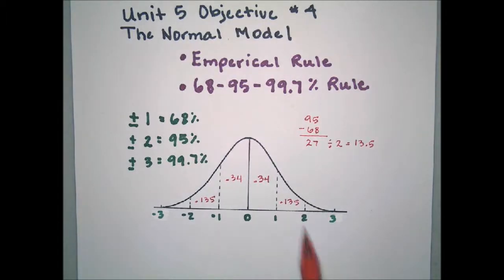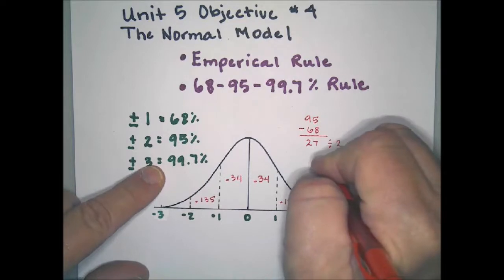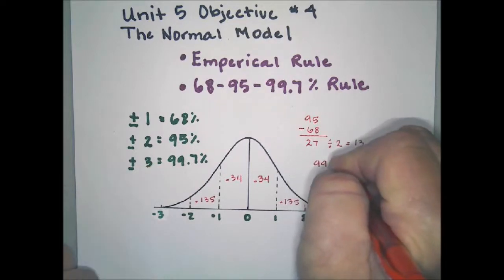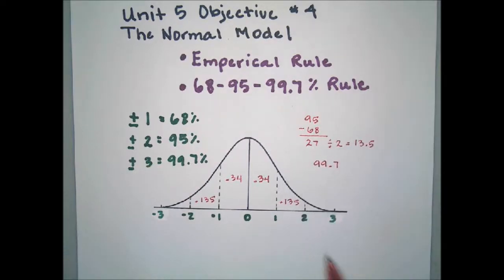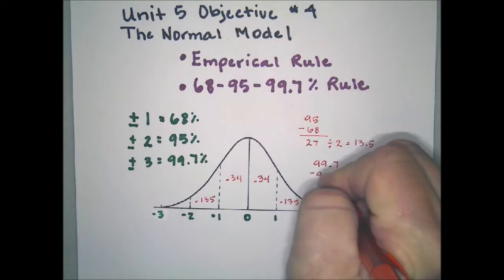Now, if we want to go from plus and minus 2 to plus and minus 3, we go from 95 to 99.7% of the data. So 99.7% of all the data falls between the boundaries of -3 and +3. But we've already got, at this point, 95% of it accounted for.